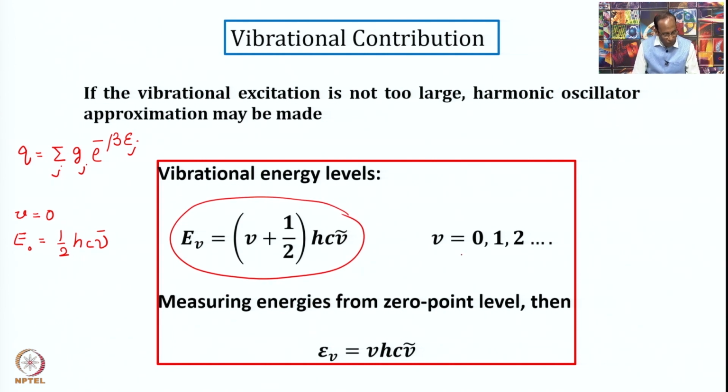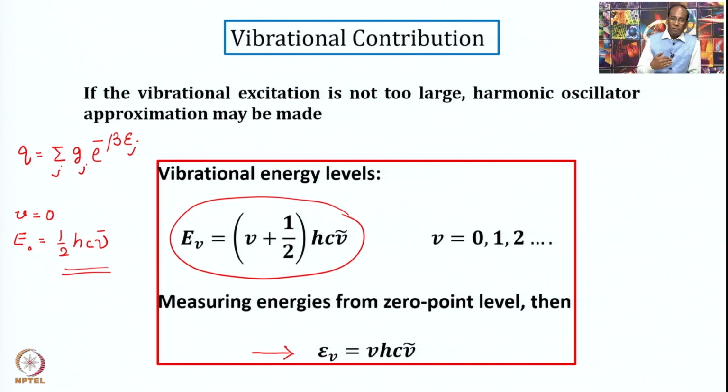When we set v equal to 0, it should give us the value 0, and that is possible only if I subtract this number, half hc nu bar, from (v plus half) hc nu bar. I will get this expression: Ev is equal to v hc nu bar. Now if I put v equal to 0, E0 is equal to 0.